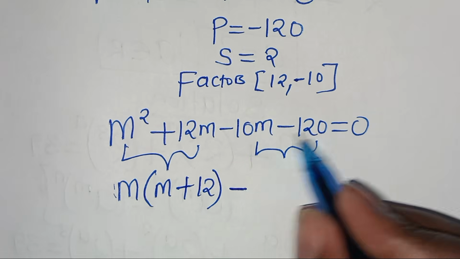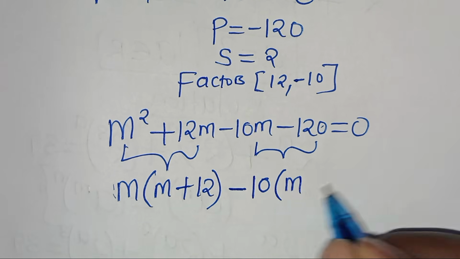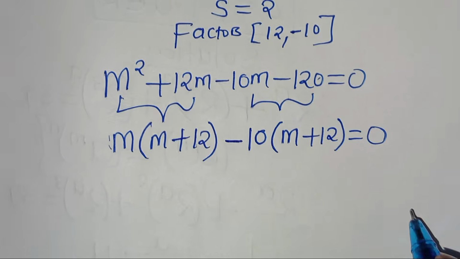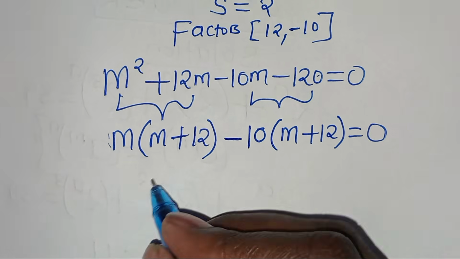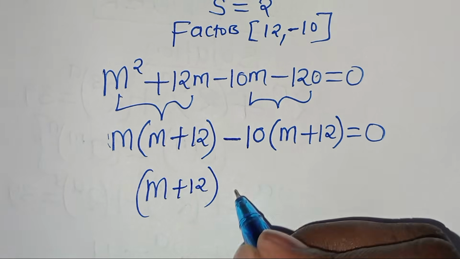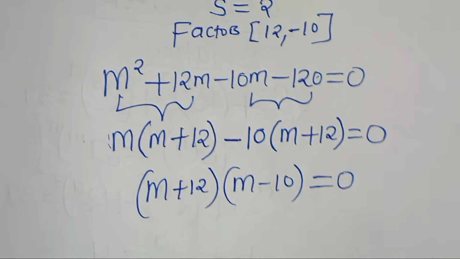Subtract 10 is common here, we factor out 10 so that here we have m plus 12. This is equal to 0. M plus 12 is common here, so we factor out m plus 12. Then we have m minus 10. This is equal to 0.